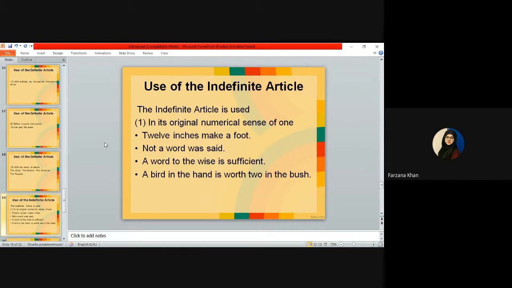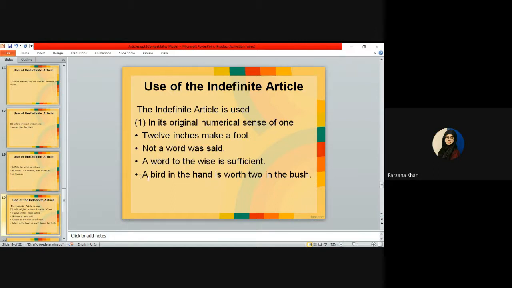You can simply say in the sentence, 12 inches make a foot, right? Not a word was said means not one word. In another example, you can see, a word to the wise is sufficient. A word again means you are basically talking about one word.